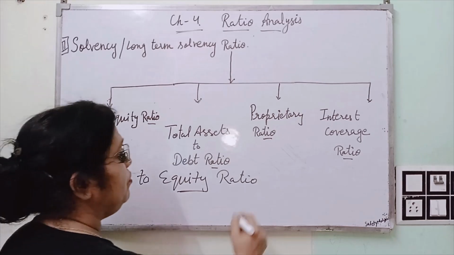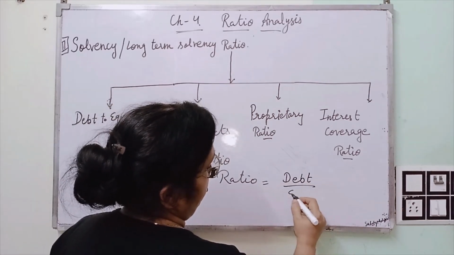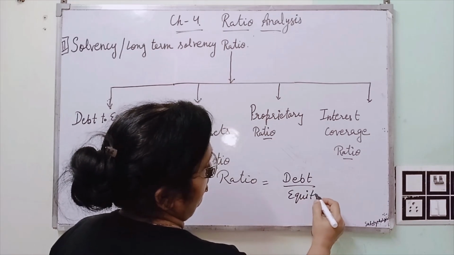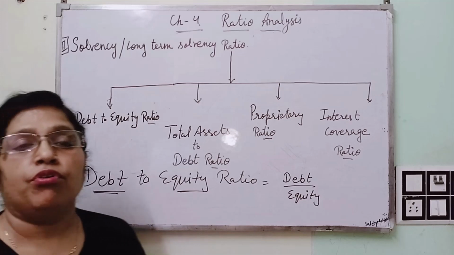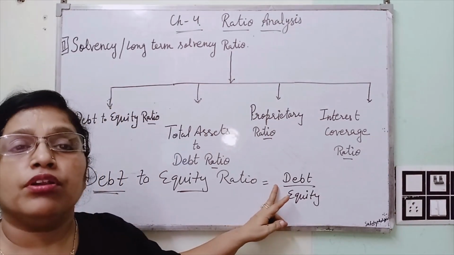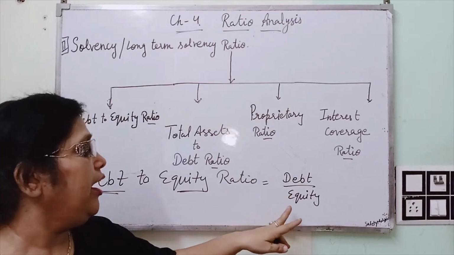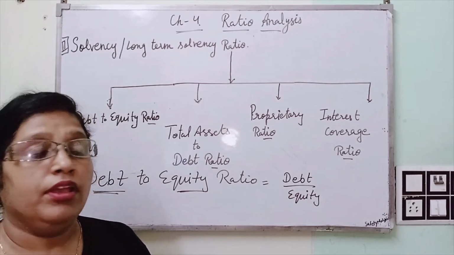It means the formula will be debt upon equity. Here debt means long-term borrowings, or we can say non-current liabilities, and equity includes shareholders fund.